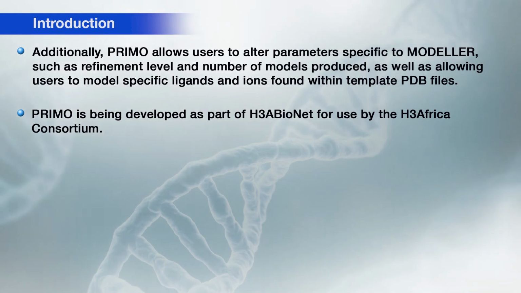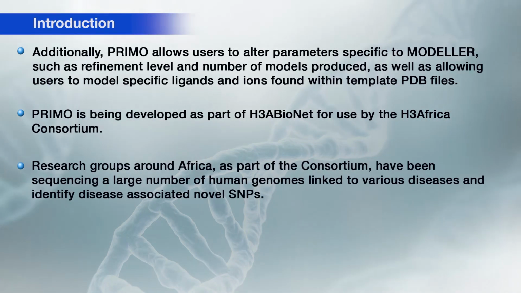PRIMO is being developed as part of H3ABioNet for use by the H3Africa Consortium. Research groups around Africa as part of the consortium have been sequencing a large number of human genomes linked to various diseases and identifying disease associated novel SNPs. So, PRIMO was playing a very major role during this whole exercise.